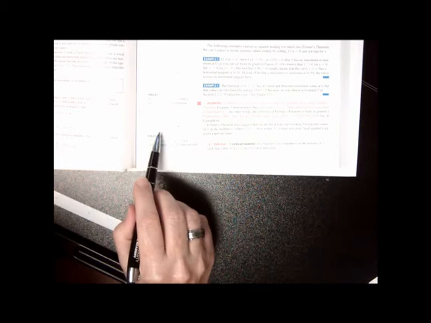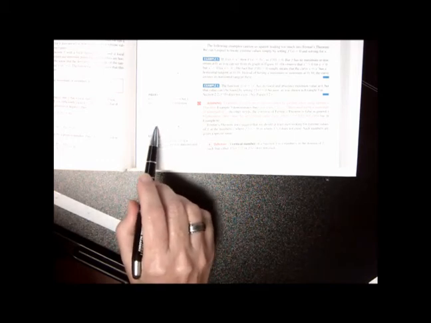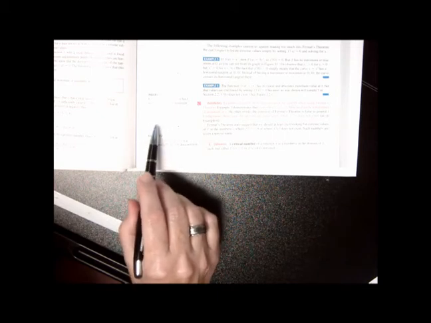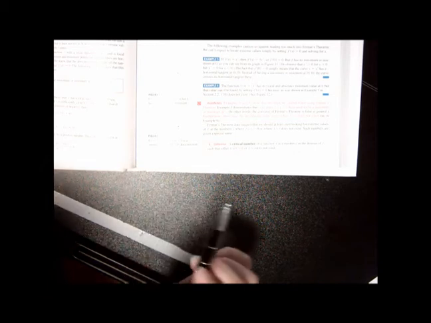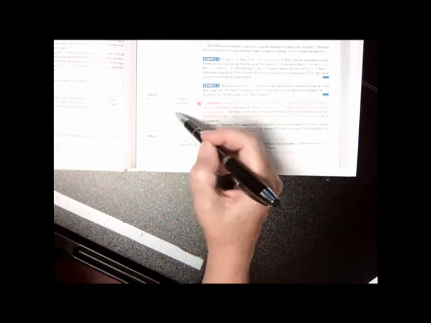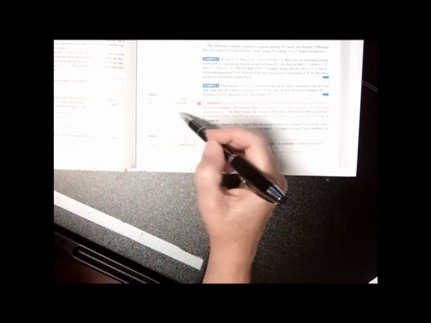Now the absolute value graph here will have a local and an absolute minimum. However, we do not say that it is differentiable at that point. Remember from a few sections back, we said whenever we have this sharp corner, it's not differentiable.